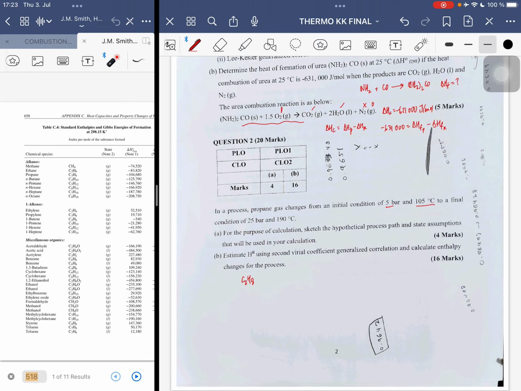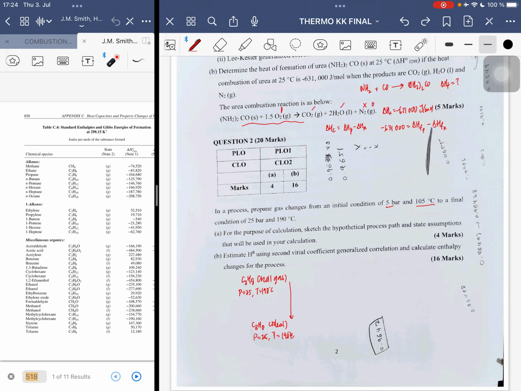If they didn't specify what state it is, you can assume the starting state is real gas, and you have P 25, T equals to 190, and then you have to change it into ideal, which is C3H8 ideal. You are not changing any temperature or pressure yet, it's just changing of state.